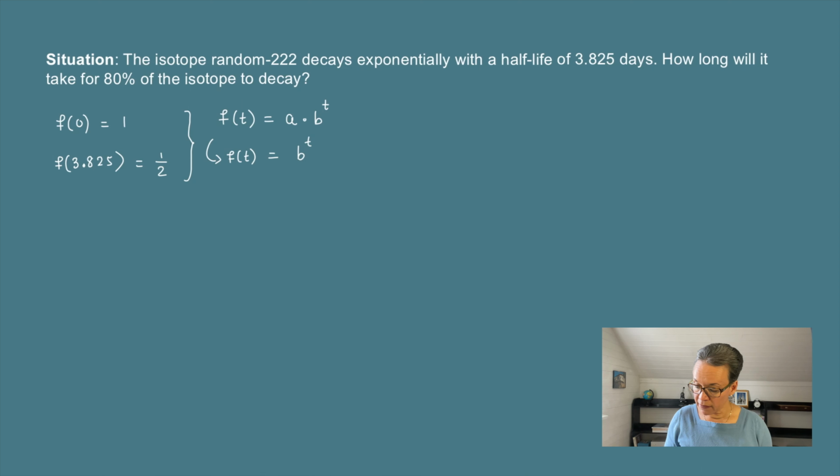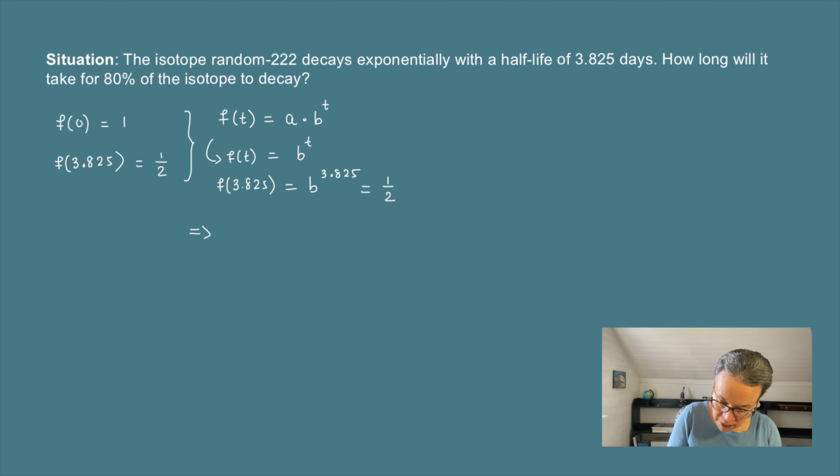In order to find it, I'm going to use this point that I have here. I know that f of 3.825 is equal to b to the 3.825, which is equal to 1/2.